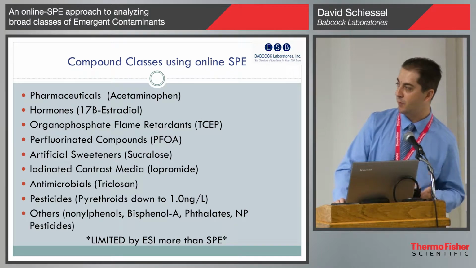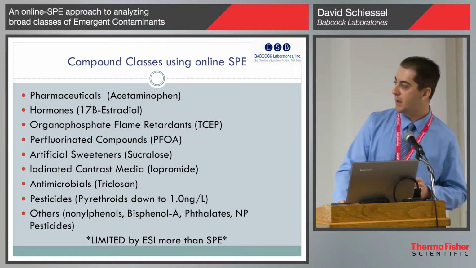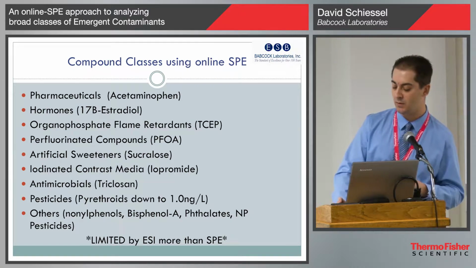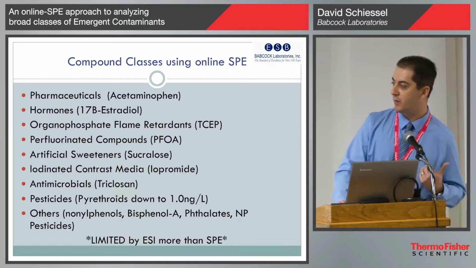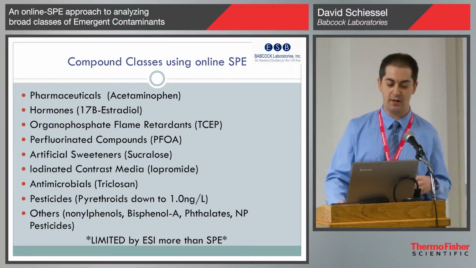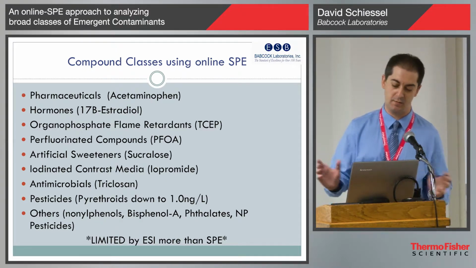With the exception of perfluorinated compounds, we do the suite of like 24 compounds, and we also do sucralose by online-SPE, which is very difficult to trap, as well as iopromide. And also pyrethroids, which I think, as a standard analysis, is just the 8 standard pyrethroids.